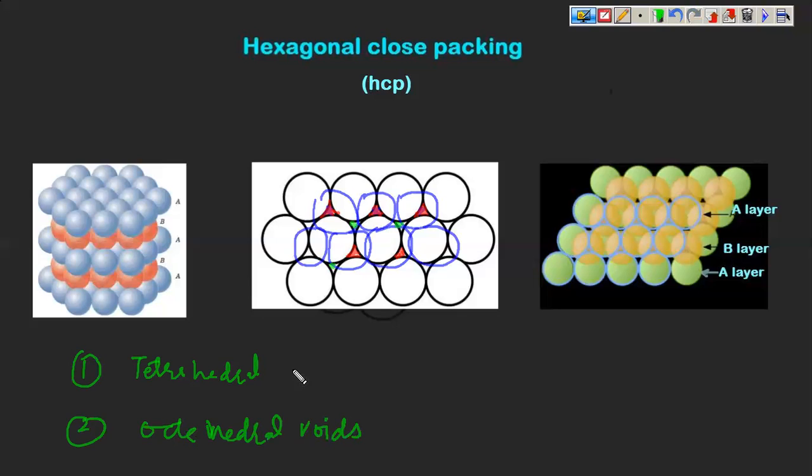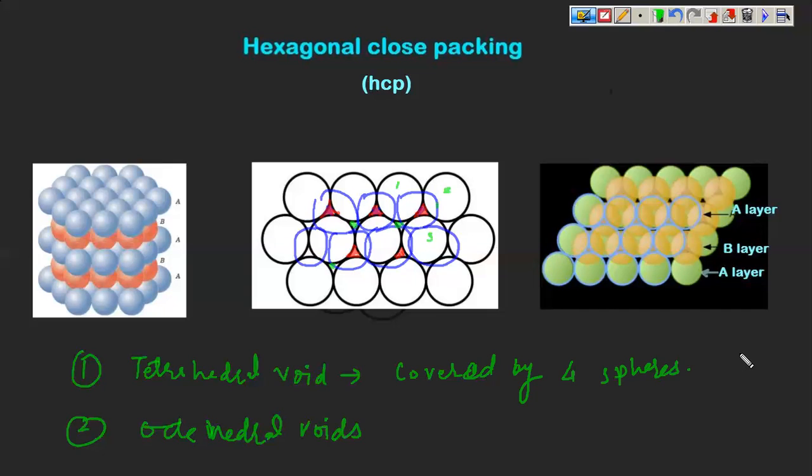Tetrahedral voids are those voids which are covered by four particles, one in the above layer and three in the below layer. The first layer has 1, 2, 3 like this, and the fourth one is above this layer, this blue. So these are the voids covered by four spheres.